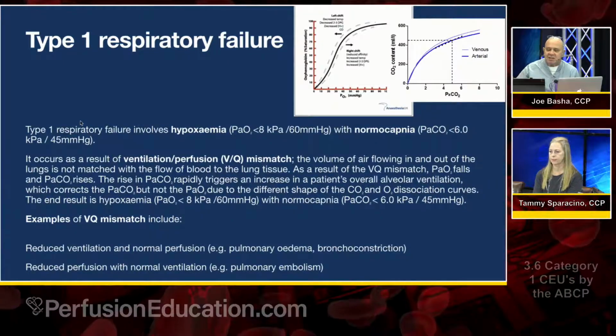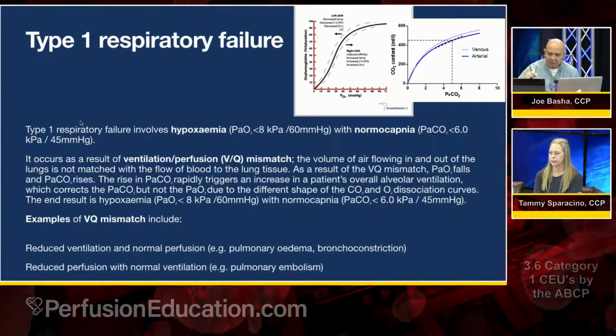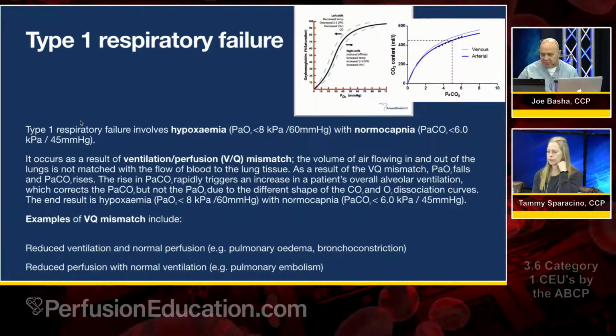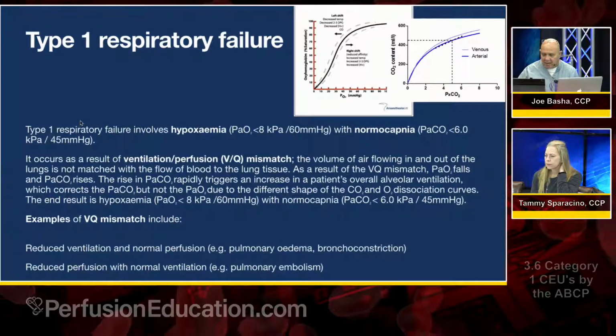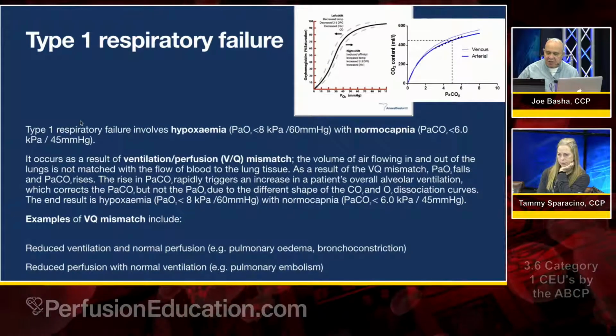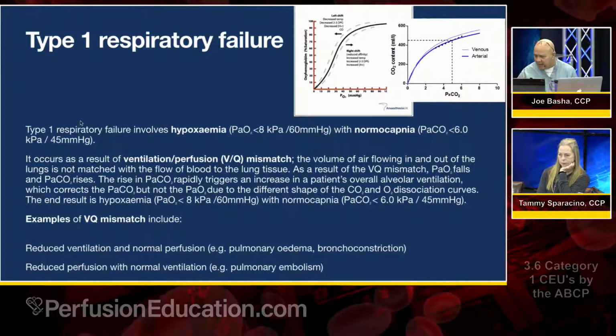The end result is hypoxemia with normocapnia, type 1 respiratory failure. Causes include reduced ventilation and normal perfusion, as in pulmonary edema or bronchoconstriction, or reduced perfusion with normal ventilation, which would be the case with pulmonary emboli.